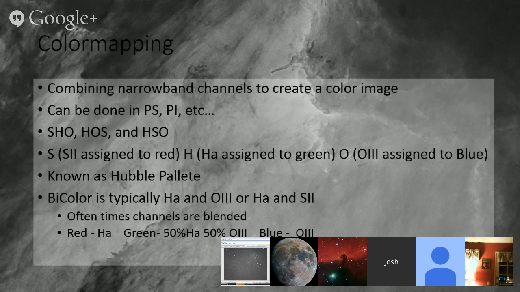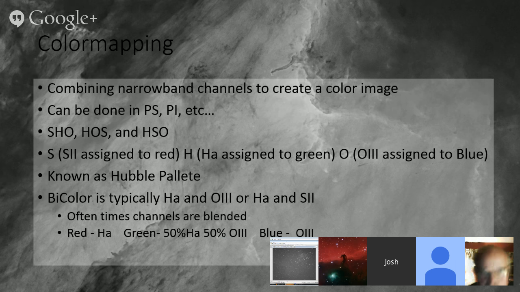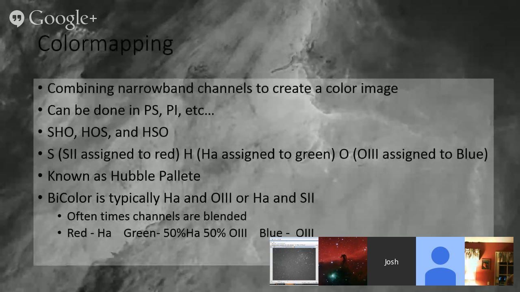Another pretty common way to combine narrowband channels into a color image is bicolor images, and these usually are the ones that I really enjoy for a number of reasons, maybe one of the main ones being that it takes less time to take them. Also, I just really like the colors that can be presented with bicolor images.